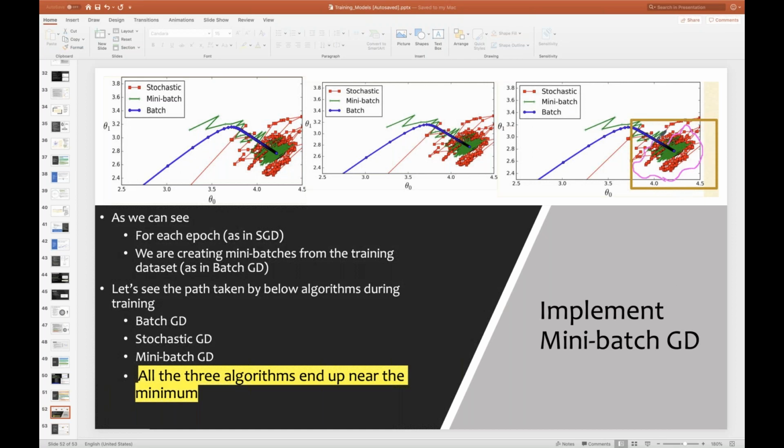Okay. This one is about stochastic gradient descent. Let me change the color now. This is your batch. It started from here and then reached here. But where did the stochastic one start? It started here. Why it started here and not there is the internal behavior of stochastic gradient descent.